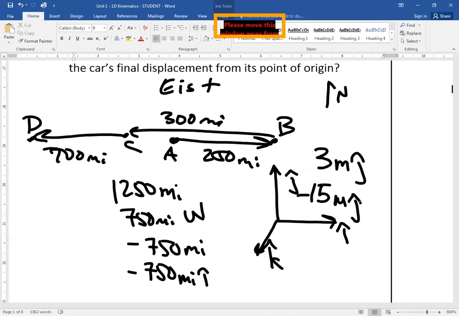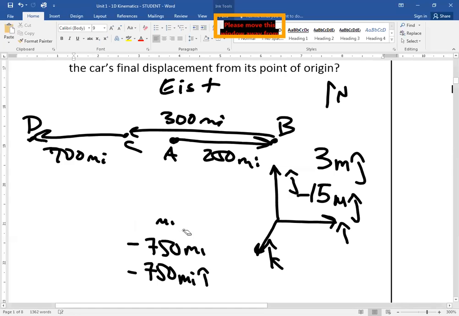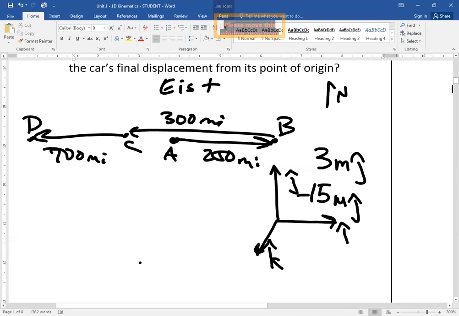Now, here is where it gets super powerful and really cool. What if I said this? I have a displacement that is 2 meters i hat minus 3 meters j. What does that mean? Yeah?